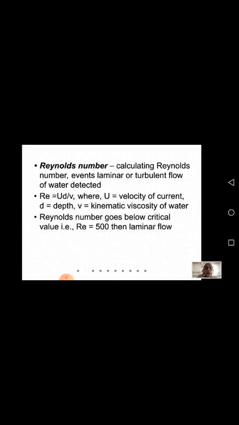Now if you are asked how we could determine the Reynolds number, there is a process: the Reynolds number Re equals UD over V, where U equals velocity of current, D equals water depth, and V equals kinematic viscosity of water. If you have all this information, then after calculation you get a value of Re.